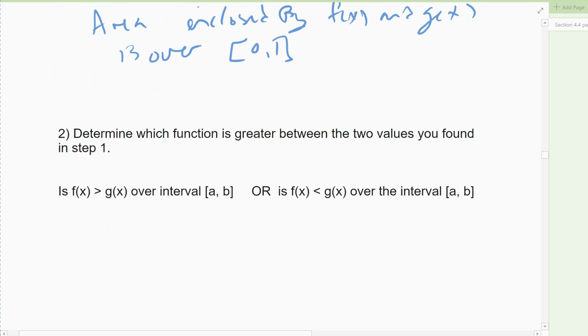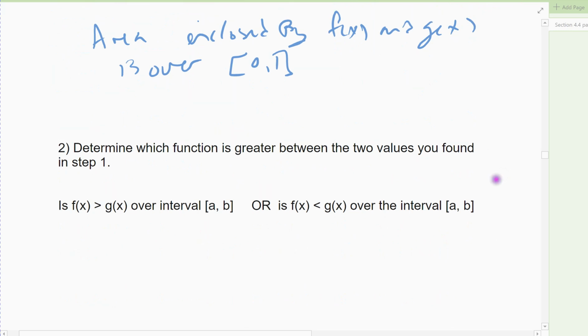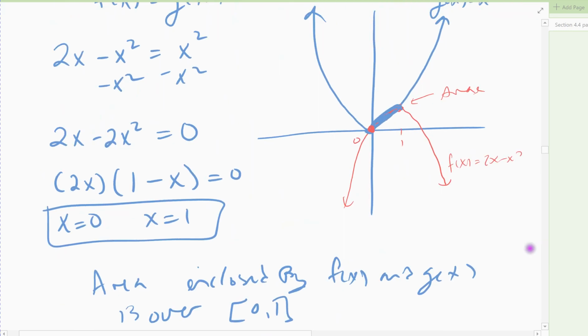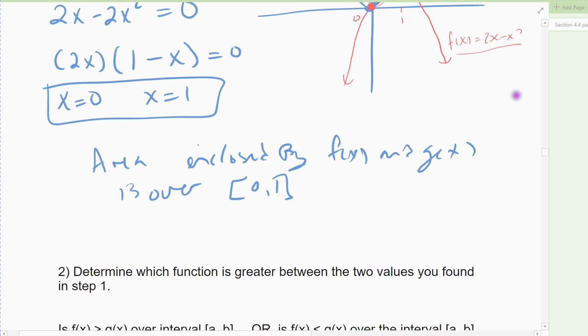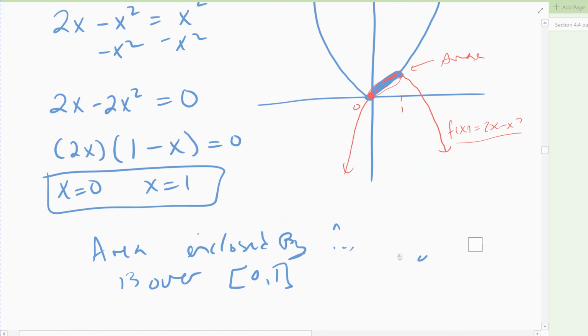You can do this either graphically or by hand. I already have the picture up here, so I'm going to show you graphically first. It's a little messy here. Remember, the red part was my f of x, the blue part was my g of x. If I zoom in, my red function was f of x, my blue function was g of x.